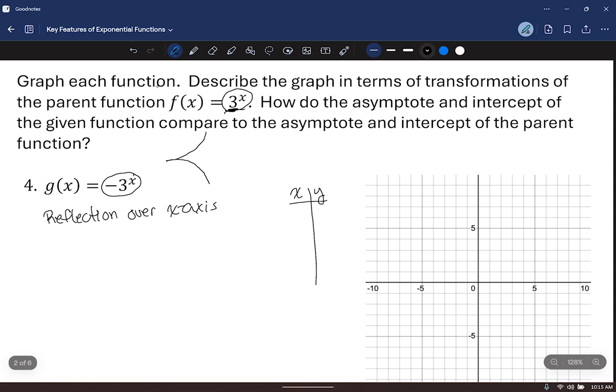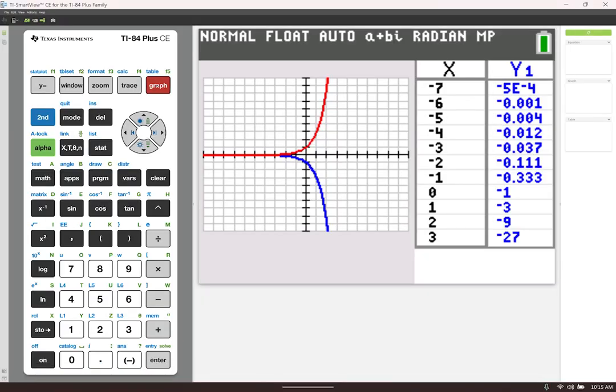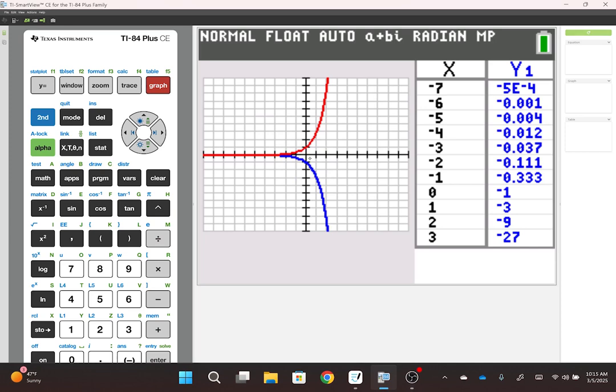All right. It also wants us to compare the asymptote and the intercept. So if you take a look at that, my asymptote on my original, which is the red one, was at 0. And here at the blue, it's still at 0. Nothing has changed. It's just flipped upside down. My intercept was at 1, and because we mirrored that over the x-axis, it's now at -1.